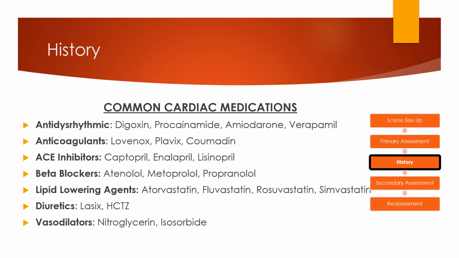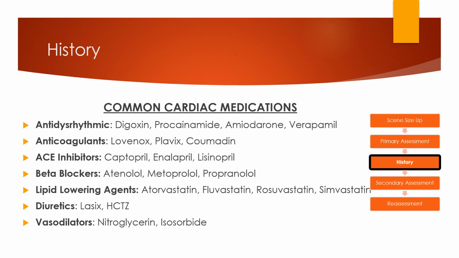You may also see patients taking things like labetalol. Okay, labetalol would be an example of a beta blocker and alpha blocker, so better for hypertension, where things like atenolol and metoprolol would be better for rate control rather than for hypertension. Usually if they're used for hypertension, they're going to be used in conjunction with another medication.